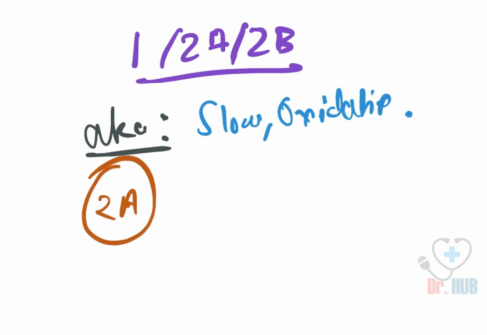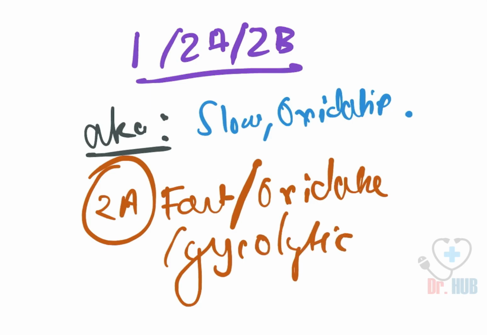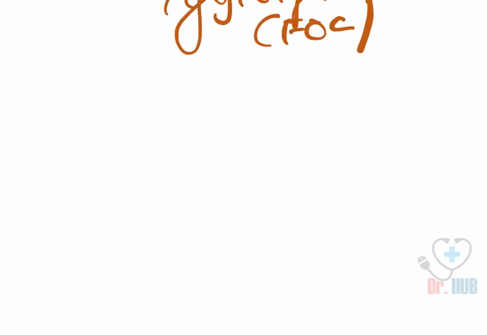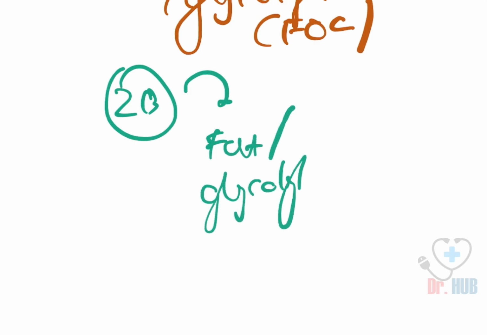Type 2A is fast oxidative and glycolytic, known as FOG in short. Type 2B is fast glycolytic, so it is FG.